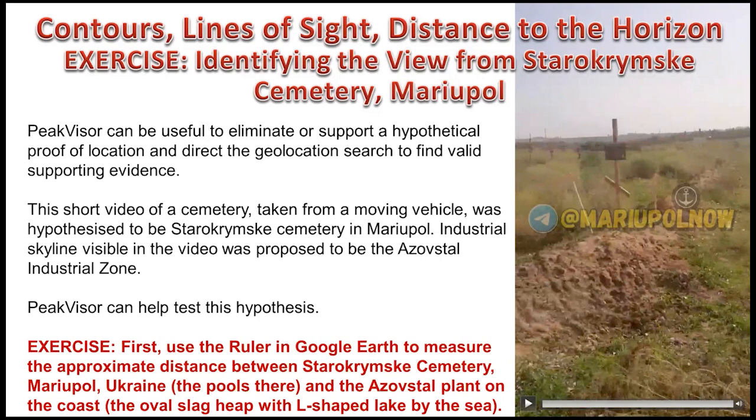So we're only looking for a very approximate measurement. But if you get Google Earth out, I'll say let's use the pools in Starokrimska. There are 3 little pools at the bottom of Starokrimska Cemetery. And the slag heap, the oval one by the sea in Azovstal. So let's have a go and just measure that.